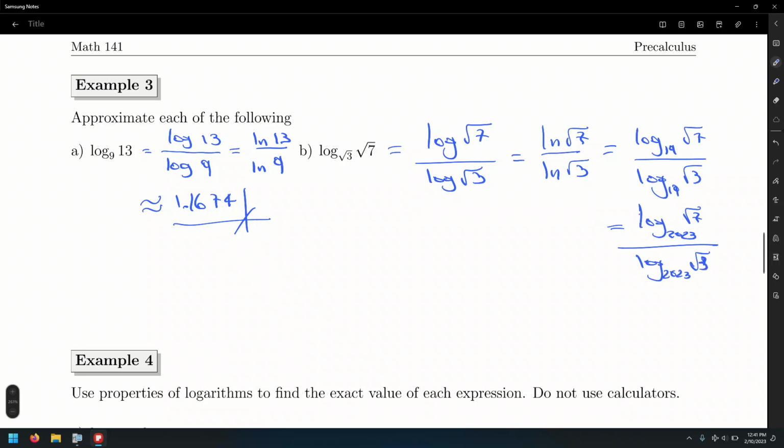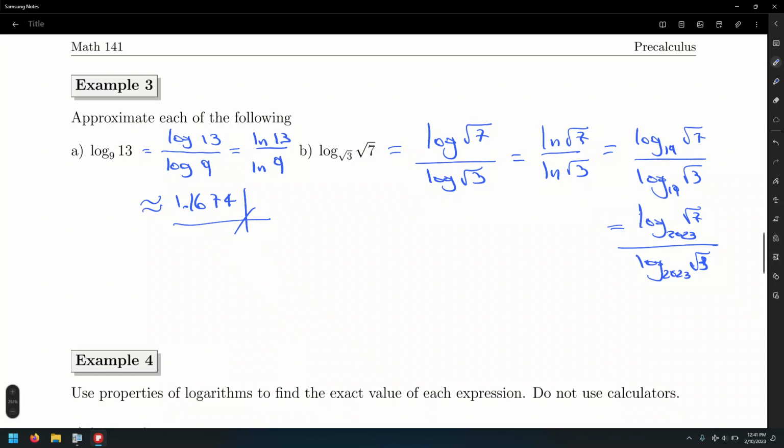You can choose your favorite base to convert into a newer base. However, we take advantage of this property to evaluate via calculator, which in most cases is equipped with log base 10 and ln's, right? But if you compute all these four, you should get the same result. But I'm going to compute only one for this one.